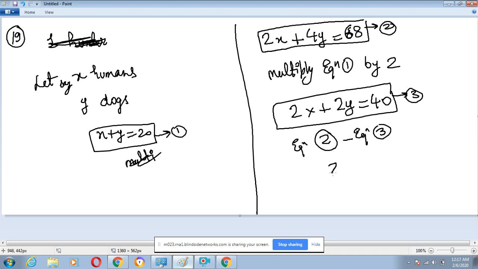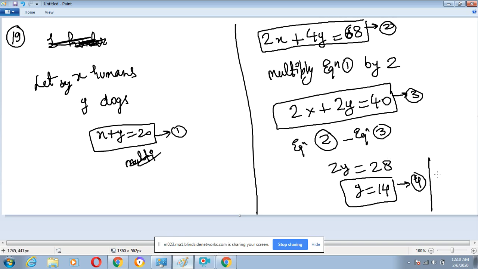So there are 14 dogs, and if I put it in the equation, I get x equals 20 minus 14, 6 men.